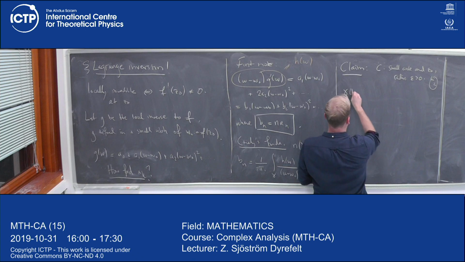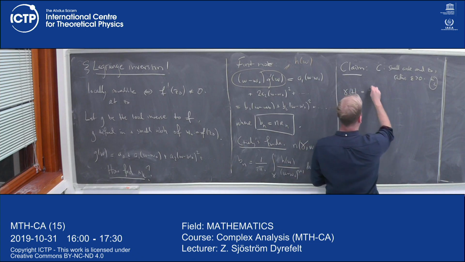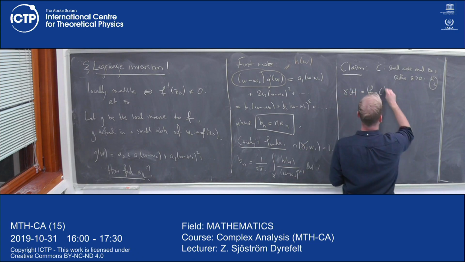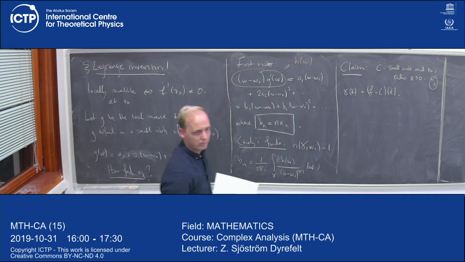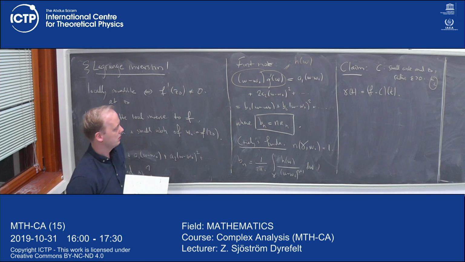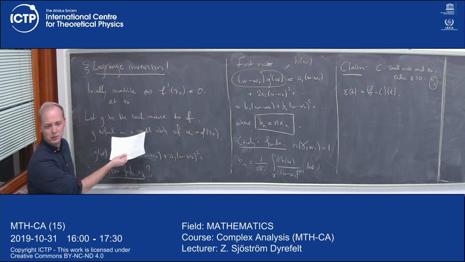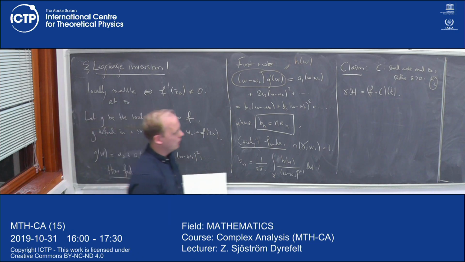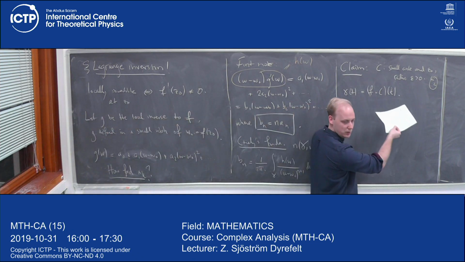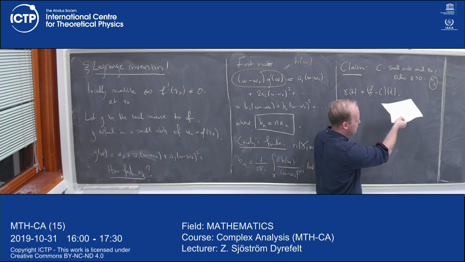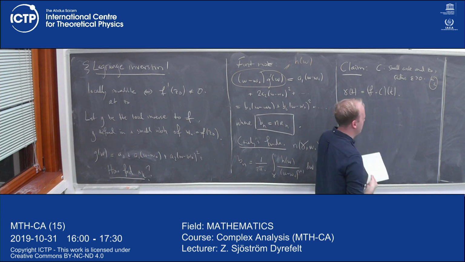And then I consider gamma of t to be f composed with C of t. So I look at the image. f was my function that I started with, right? So this is where f comes in again. I'm looking at the image path, the image cycle, under f.